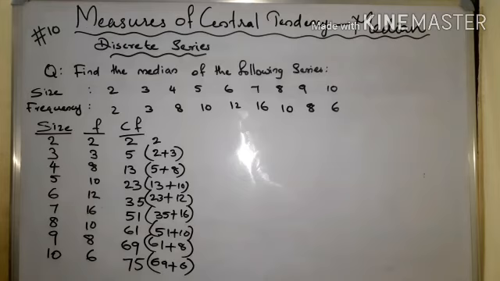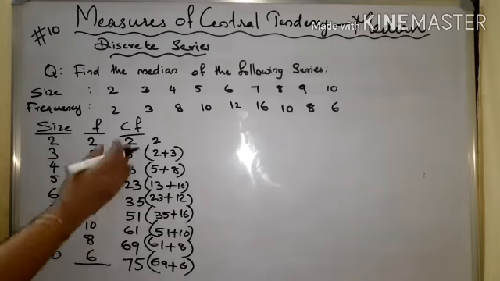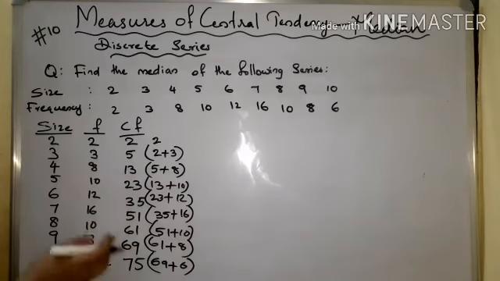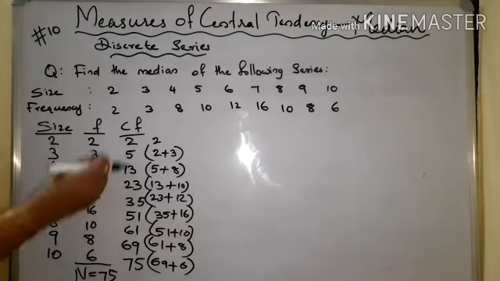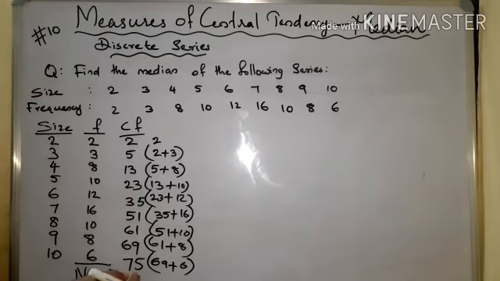And the next step is to find out the median item. How can we calculate the median item? The frequencies total and the last value of the cumulative frequencies must be the same. So n, the frequencies total, and the last value of the cumulative frequencies, both are the same.